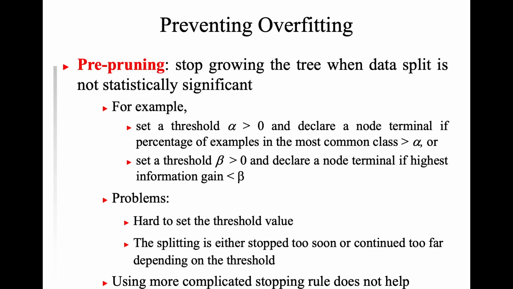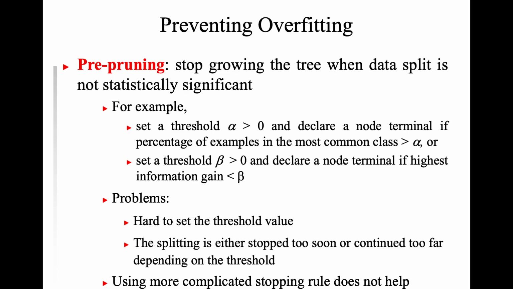Now, one method is pre-pruning. In pre-pruning, we say, okay, stop growing the tree further when your data split is not statistically significant. There are several ways to measure that.